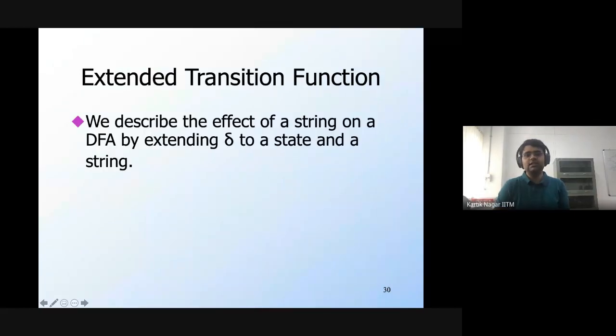We describe the effect of a string on a DFA by extending delta to a state and a string. This delta is a function from Q cross sigma to Q. So it takes a state and a single symbol of the input alphabet, and it gives another state. We are going to extend this so that it now takes a state and a string, which is a sequence of symbols from the input alphabet, and it's going to give out another state.